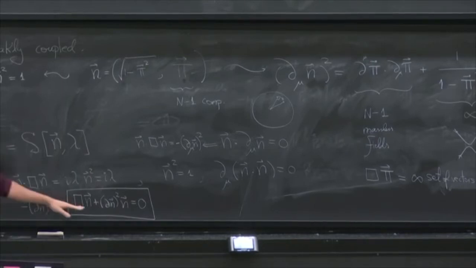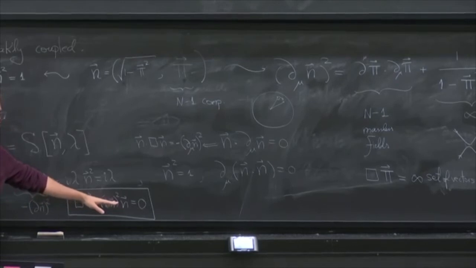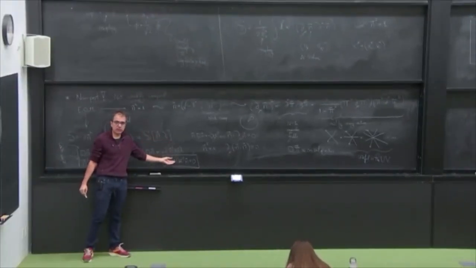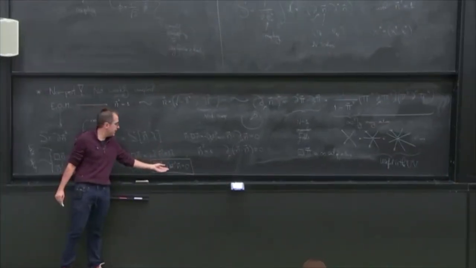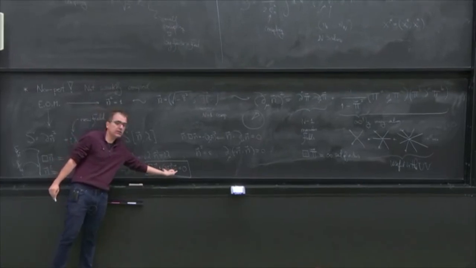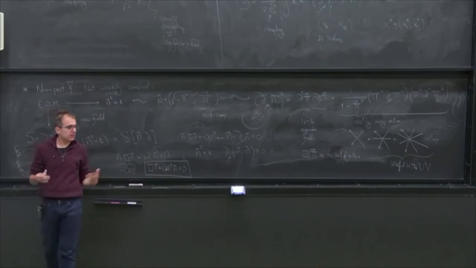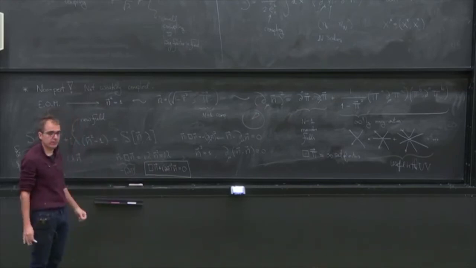So you see there's no parameter, no weak coupling parameter, right? If you have a solution n, a rotation times n is another solution, so you have O(N) symmetry. And it's nonlinear. There is n, and here there is n cubed. So it very well motivates the fact that it's a nonlinear sigma model.